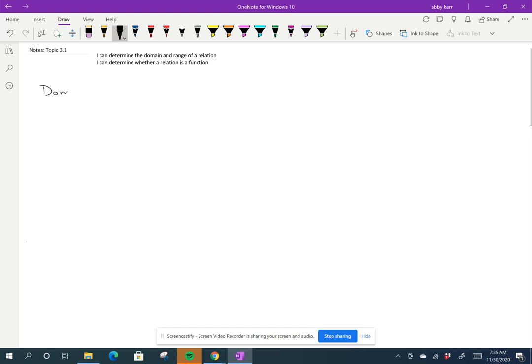Domain is just a fancy word for x's. They are the input of a relation. Now, a relation is just a set of ordered pairs, which we'll talk about in a little bit.